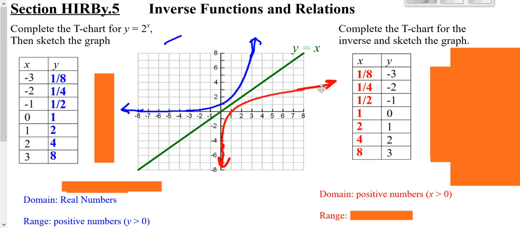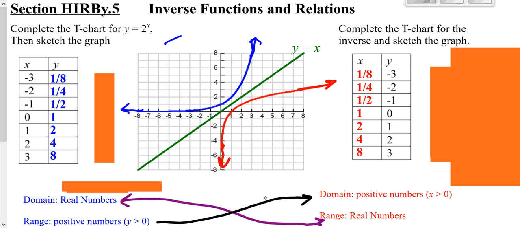Well, it eventually would go up forever, and you can see it goes down forever, so your range is all real numbers. You'll notice for your inverse, your domain and range are flipped. When you go from your original to your inverse, they're flipped.